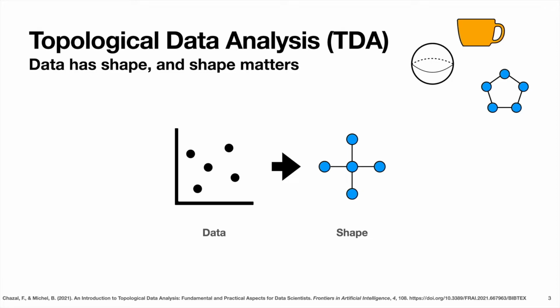And additionally, all the TDA algorithms that extract shape from data, at least the ones that we will discuss in the series, are readily applicable to very high dimensional data sets. So all in one package, we can handle both the problem of noisy data and high dimensional data with this single framework of topological data analysis.